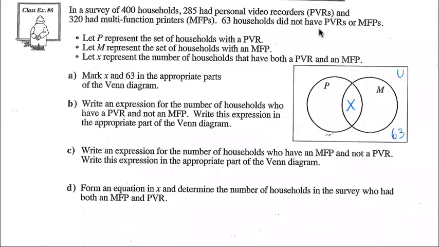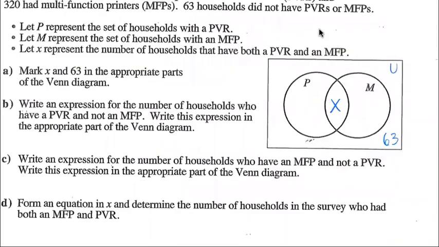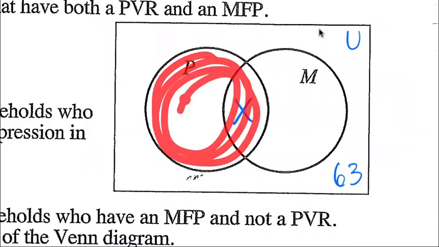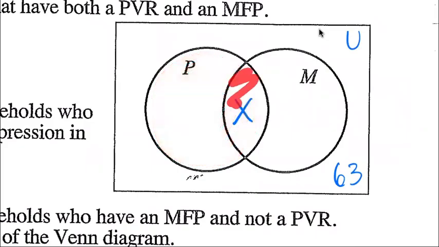Write an expression for the number of households who have a PVR and not an MFP. Write this expression in the appropriate part of the Venn diagram. So P, we're talking about PVRs, but not an MFP. So we're only wanting this portion here.